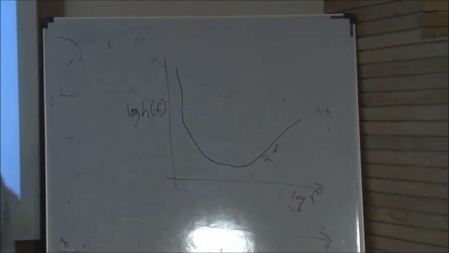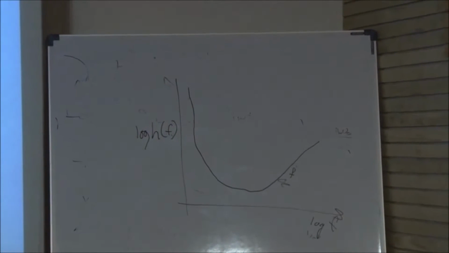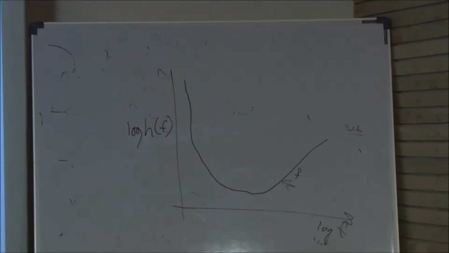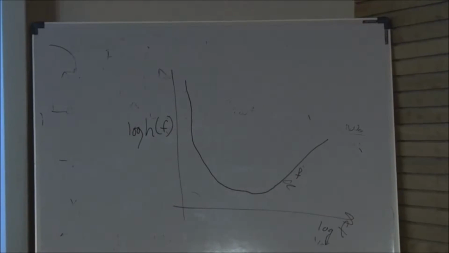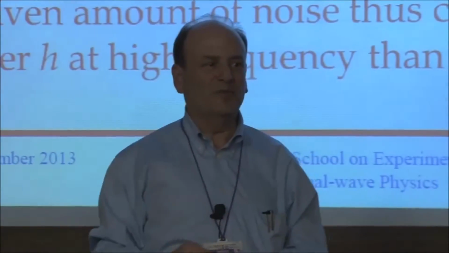Well, it's not really a big mystery. It comes precisely from the fact that your response to a gravity wave is rolling off at high frequencies from those arm cavities. The noise is white, but at higher and higher frequencies, a given amount of noise has to correspond to a larger and larger h to compete with that noise and come over it.